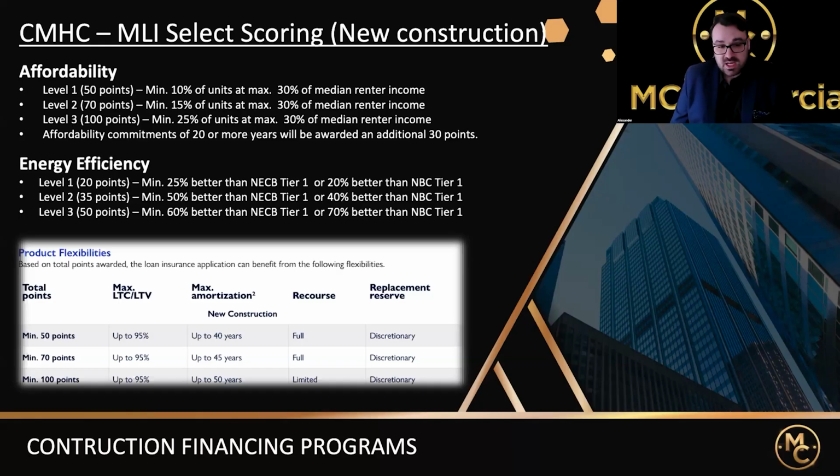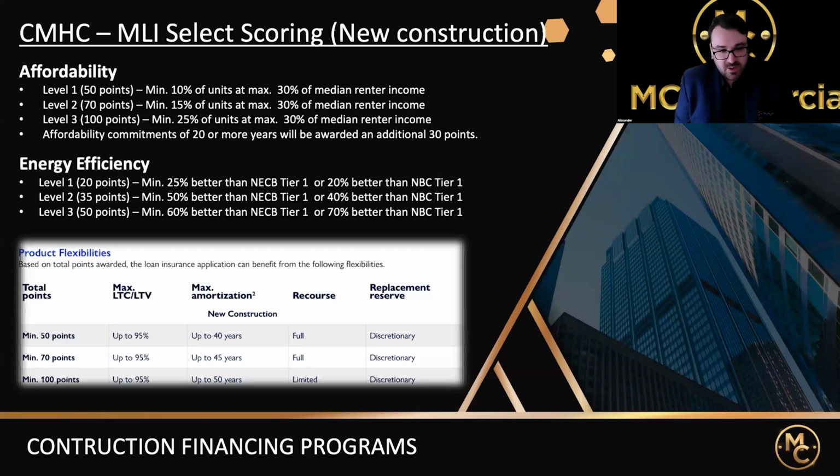And the second change is now you're going to need to provide more energy efficiency per level in order to get the same amount of points. Here we're showing you what they're going to be as of September. If you want level 1, we need to provide 25% better than the National Energy Code for Buildings, or 20% better than the National Building Code. Which one do you use for your project?